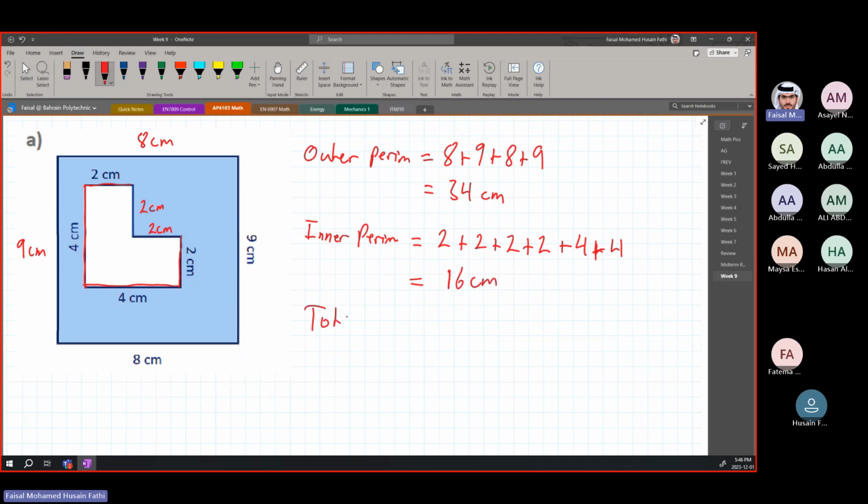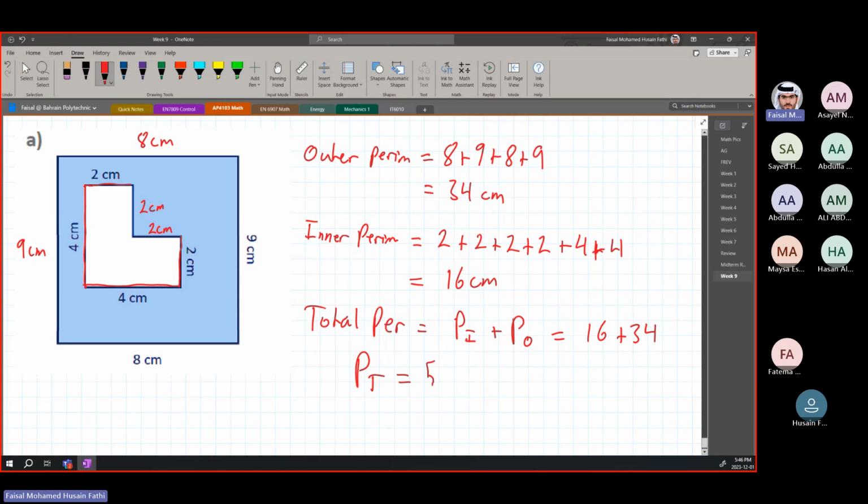Total perimeter is equal to perimeter inner plus perimeter outer, which is 16 plus 34. The total perimeter is 50 centimeters. That's how we found the perimeter in the case when there's a hole or a shape inside the shape.